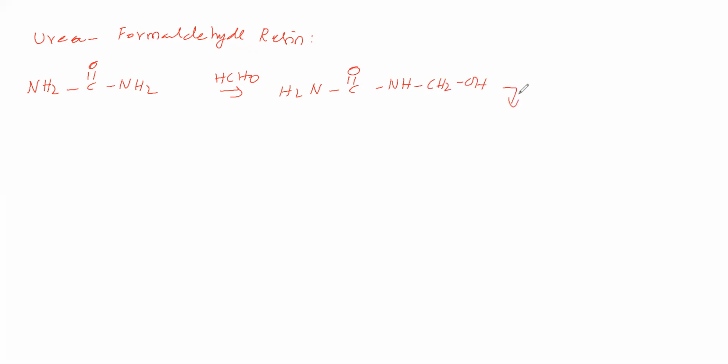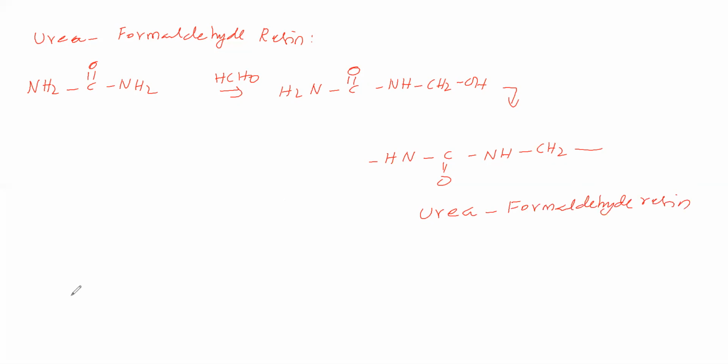Then what happens means from this OH group and NH2 group, H leaving as water. Therefore, we are getting a polymer like this. It is called urea formaldehyde resin.